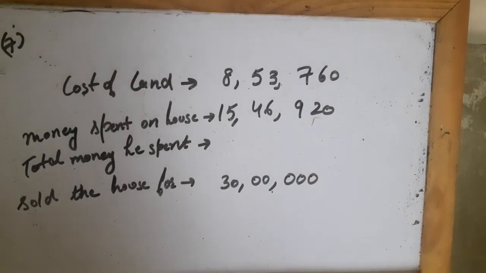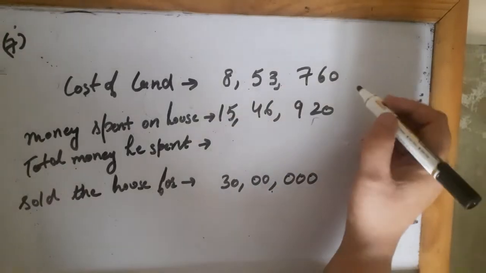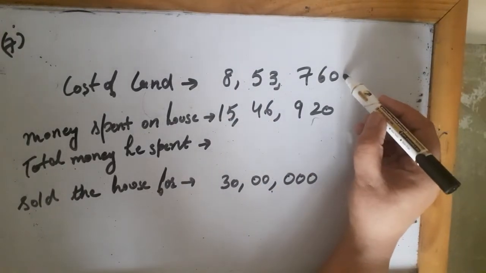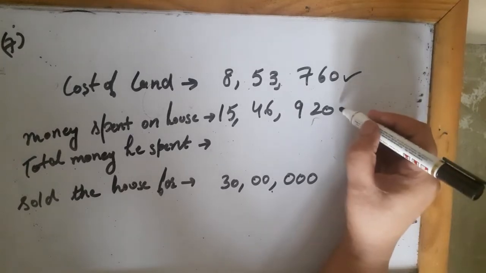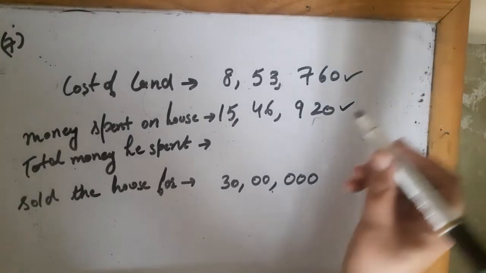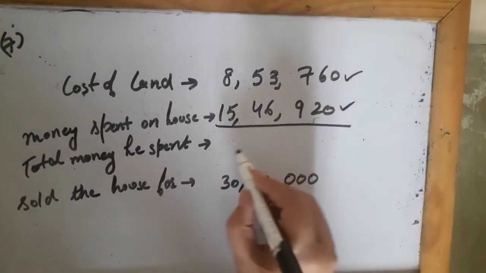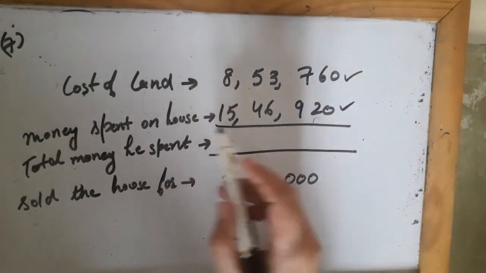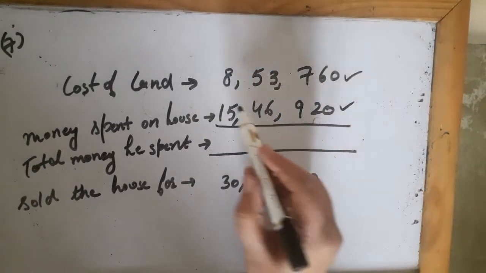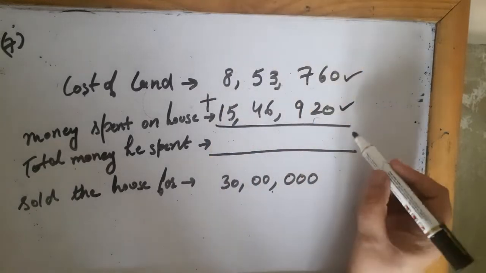So after selling the house, how much has he gained, how much profit did he make. So first of all, what I will do is, the money which he spent on buying the land and the money he spent on building a house on it, that will be the total money that he has spent on that house. So first I will add both these figures.